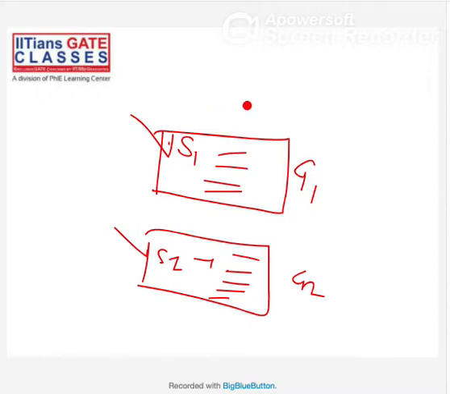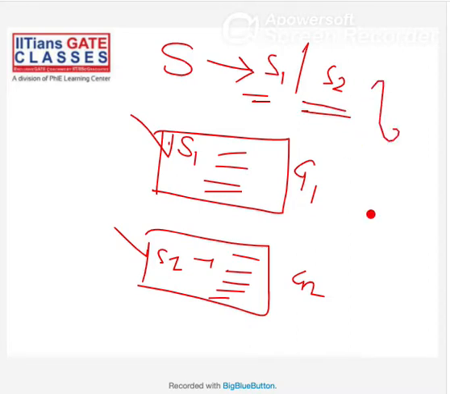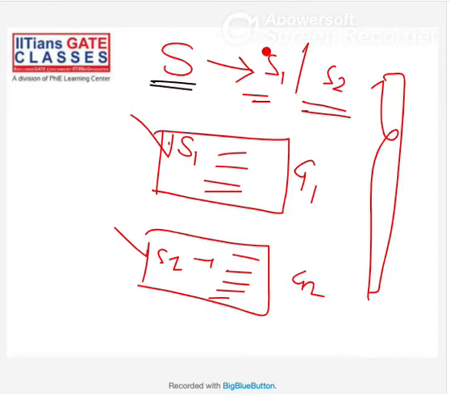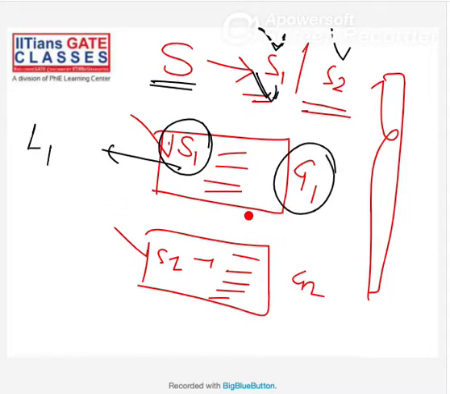Then how can you make a CFG for L1 union L2? Very easy. Just add a new start symbol S and send it to either S1 or S2. Now this complete thing will generate L1 union L2. Because S can go to S1, and S1 will generate L1, since G1 is the grammar for L1.